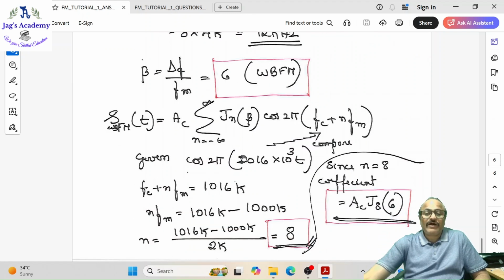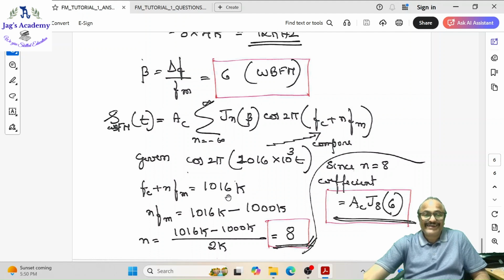Now let us find out the term. You know this is the FM wave equation. What is asked is the coefficient of cos 2 pi into 1016 into 10 to the power of 3 t. Now you know that it is fc plus n fm. In cos 2 pi, this term is fc plus n into fm, which is equal to 1016 kilohertz.